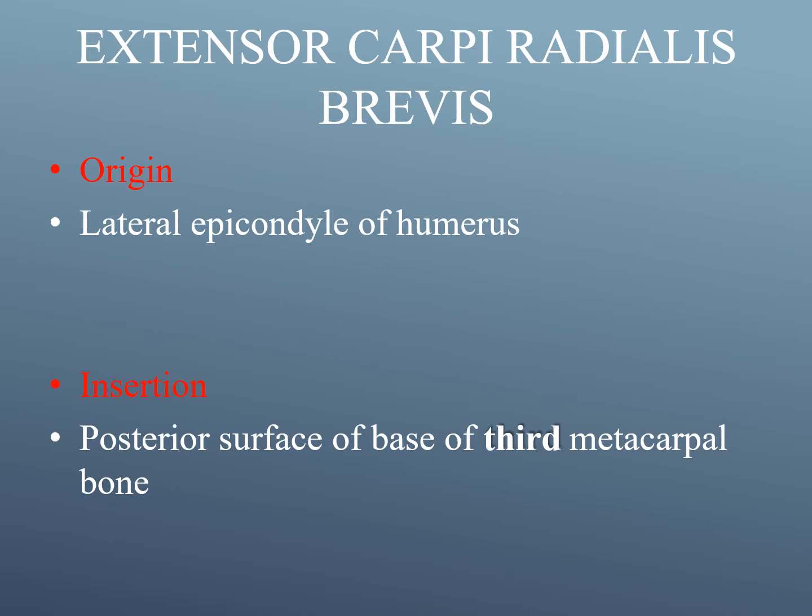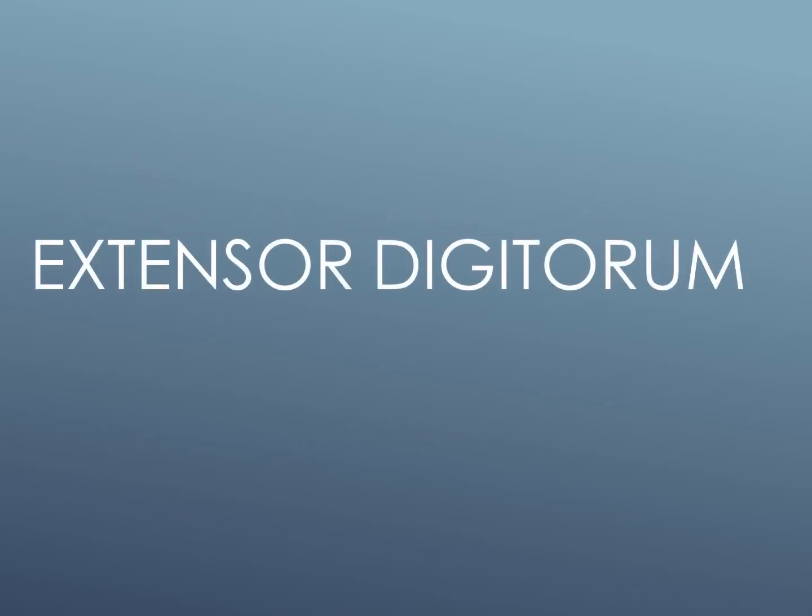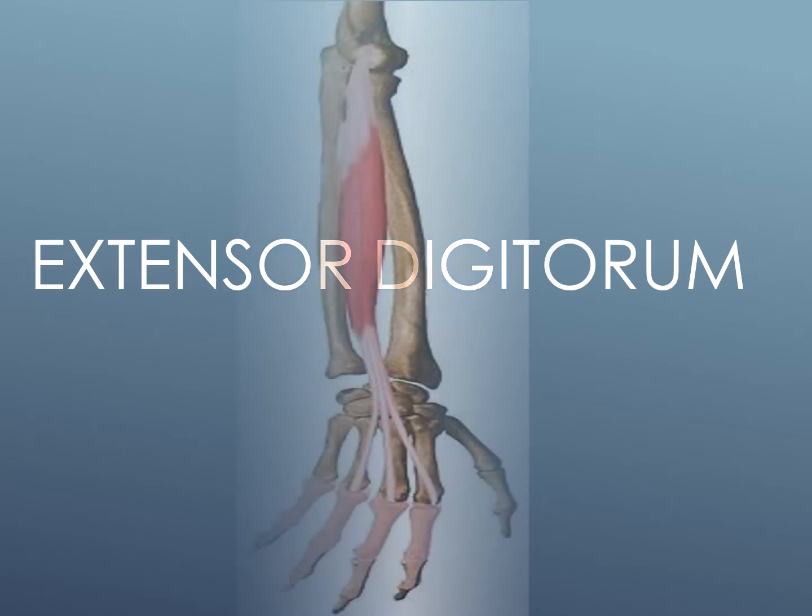The longus was inserted on the second metacarpal bone, and brevis, where? At the base of the third metacarpal bone. The action is it extends and abducts the hand at the wrist joint and again its nerve supply is deep branch of radial nerve.